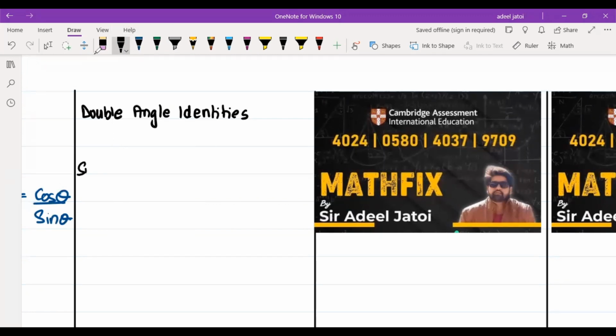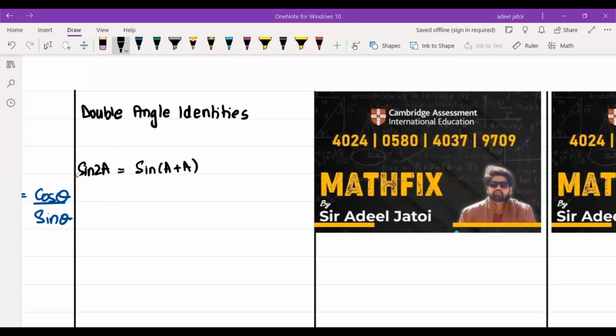For sine 2A, what we need to understand is that sine 2A means sine A plus A. It's just that the normal identity which we used to have is sine A plus B. So in place of B, we have A.